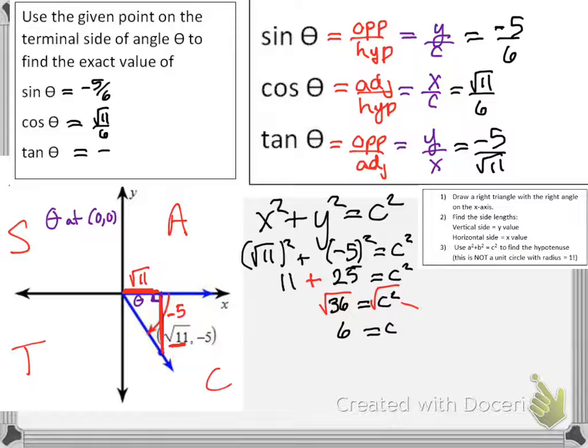Now here we have issues, because we're not allowed to leave a radical on the bottom of the fraction. Multiply top and bottom by root 11, so I get negative 5 square root 11 over root 11 times root 11, which is plain 11. And I'll move that over to my answer space. Negative 5 root 11 over 11.